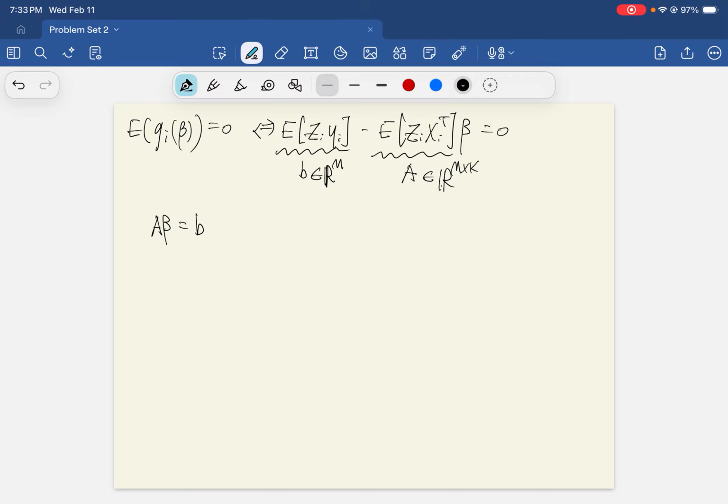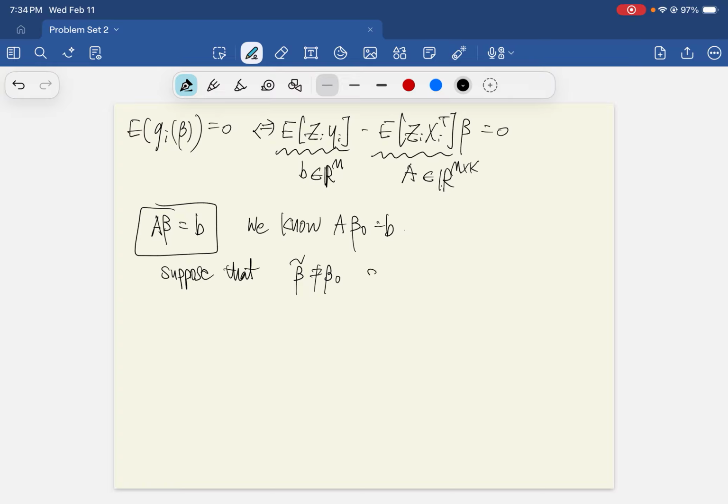Let me prove that. This is the system of linear equations we have. We know beta 0 satisfies this; beta 0 is one of the solutions of this system. Now suppose there exists a beta tilde different from beta 0 that also satisfies this equation.